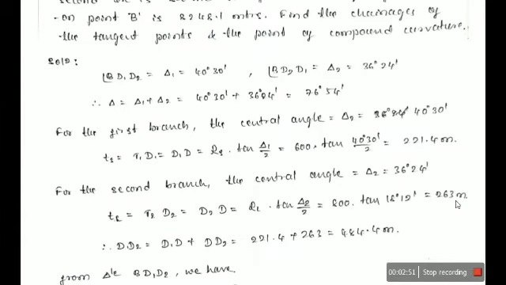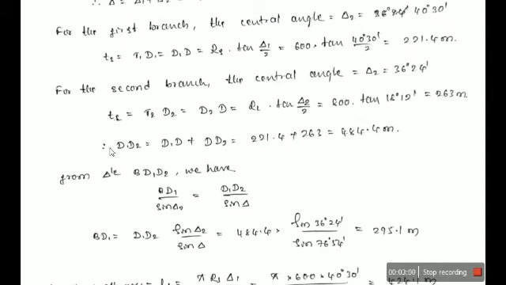After simplification, we get TL equal to 263 meters. Therefore, the total length of D1D2 is D1D plus D2D, which is nothing but TS plus TL. We get 484.4 meters.